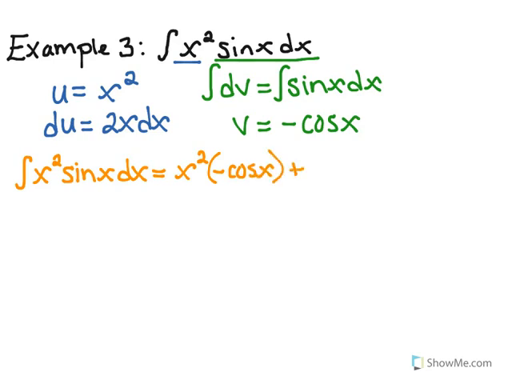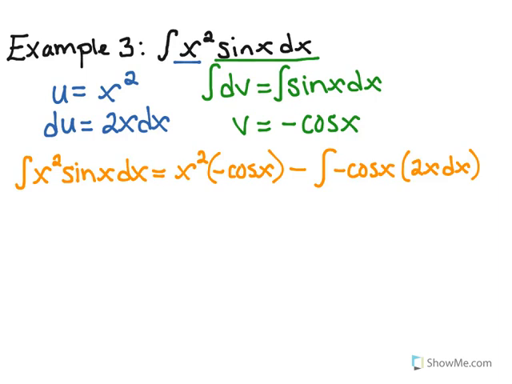plus, I'm sorry, not plus, minus the antiderivative of v du, negative cosine x times 2x dx. So some of you are probably already realizing why I said plus before.